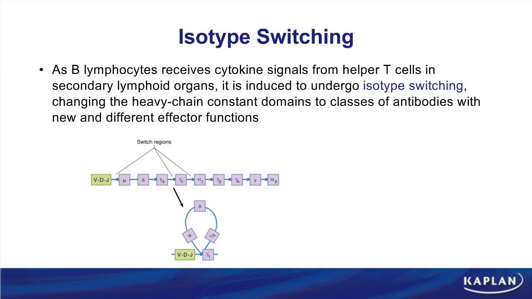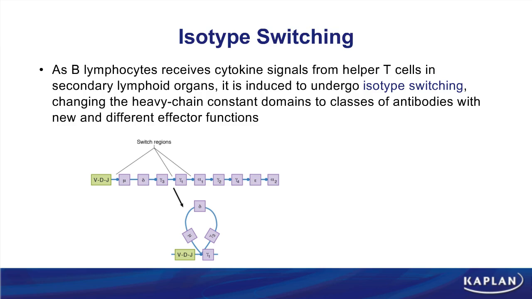As we mentioned before, once the B cell receives its signal to class switch, and it's going to get that signal from the T helper cells, it is now going to work on switching the constant regions. Remember, these constant regions are downstream from the variable regions, which we rearranged during development. The only thing that's going to happen to those variable regions once we come in contact with antigen is potentially they're going to get a little bit better.